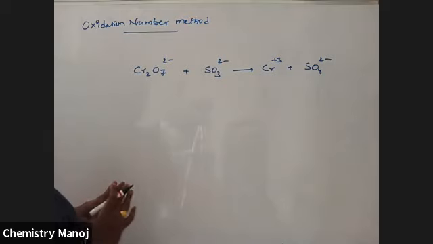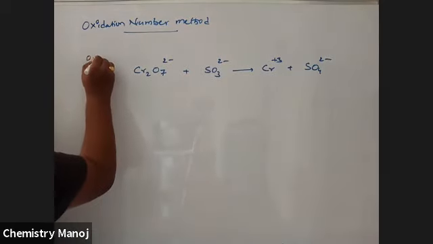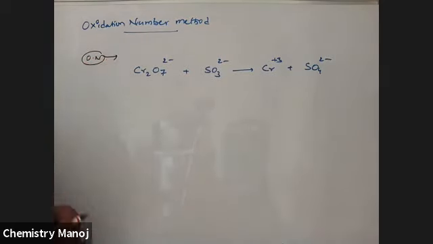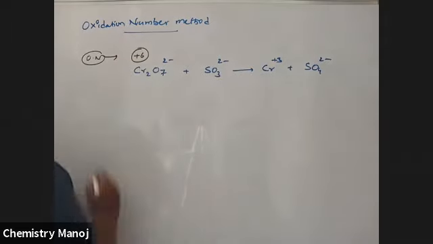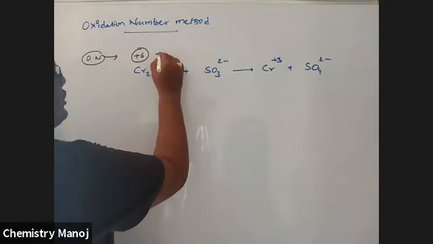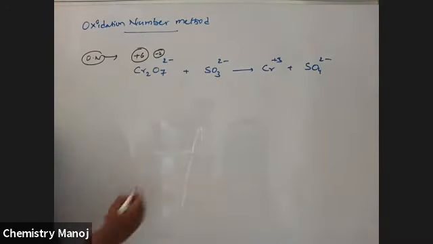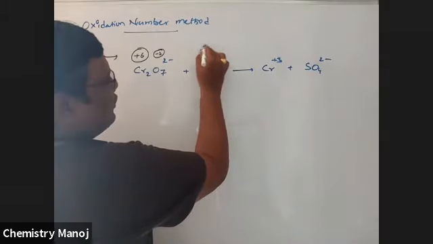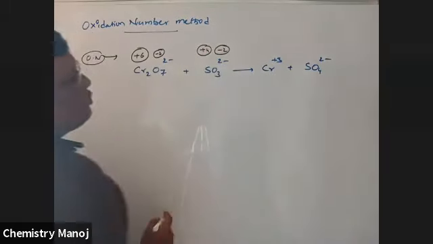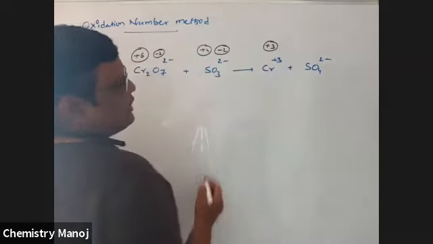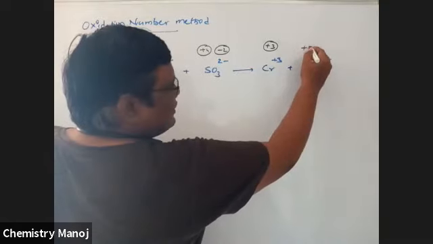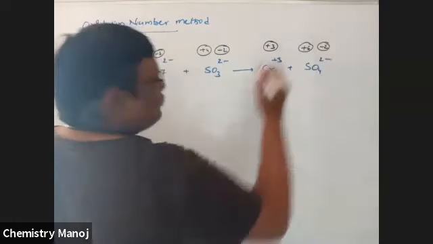As per our concept, first write down the oxidation number of each and every element. Here, chromium oxidation state is +6. Calculate it if you do not know. Oxygen oxidation state is -2. Sulfur oxidation state is +4, oxygen -2. On the right, chromium is +3 as an ion, sulfur is +6 and oxygen is -2.